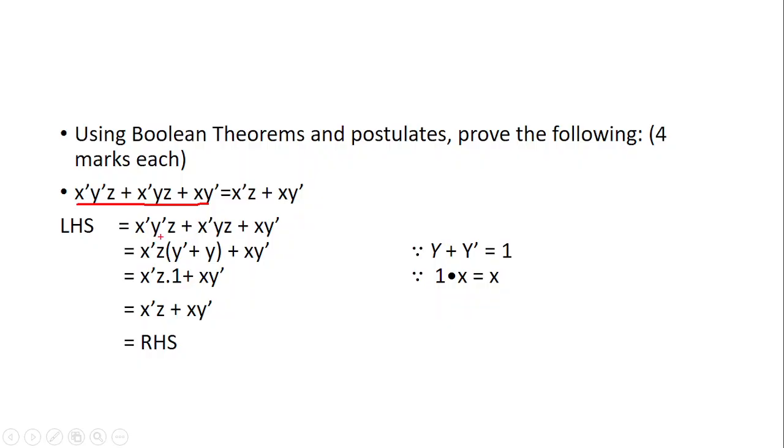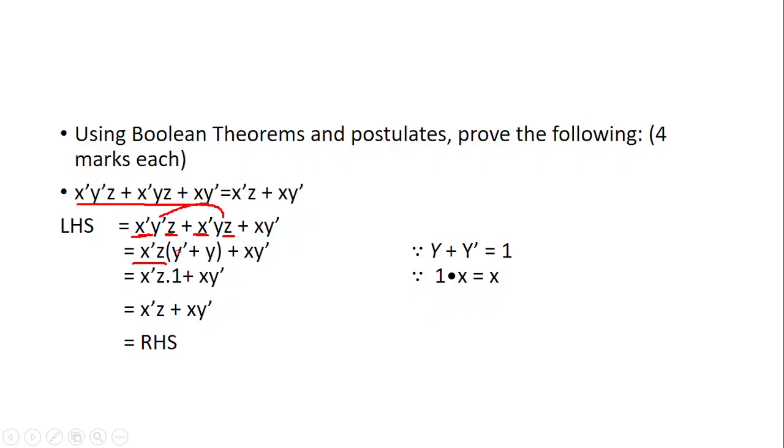You notice that x bar z and x bar z is common, but y and y bar is shifting. You notice y bar here, y here. So take x bar z common, keep y plus y bar. Okay, if you multiply it, you are going to get the same thing.